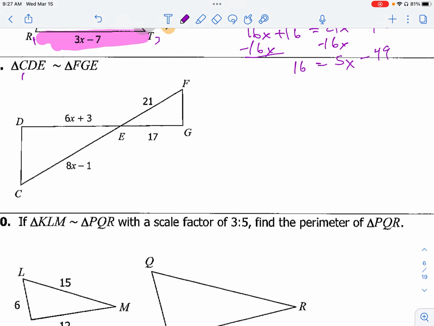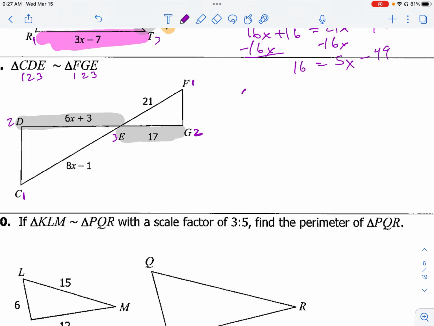So I'm going to start it the way I always start it. I'm doing my 1, 2, 3. C is 1, D is 2, E is 3. F is 1, G is 2, E is 3. I got to solve for X, and I got an X here between 2 and 3. And here's my matching 2 and 3.